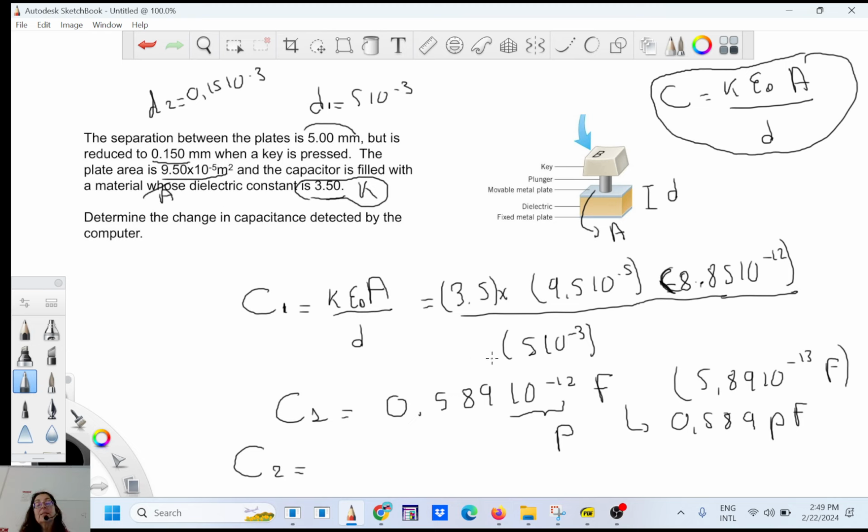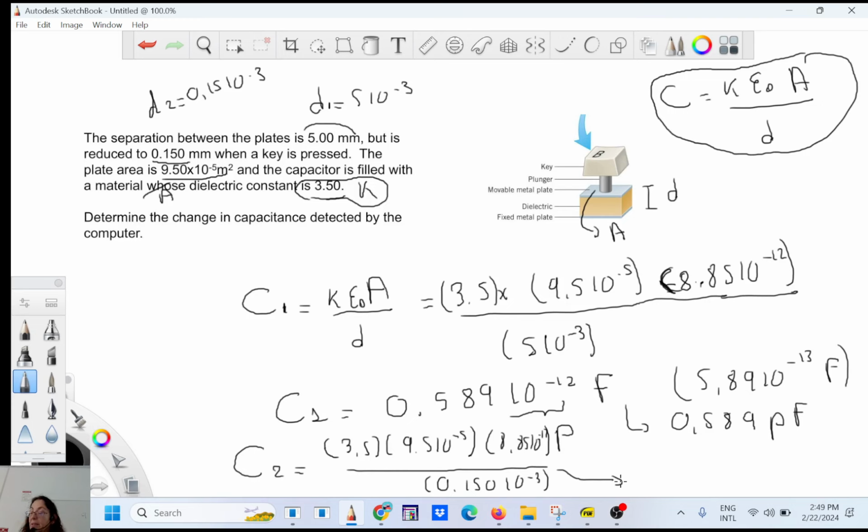By changing the distance, you're going to change the capacitance, right? So let's find a new one. That's going to be 3.5. And then the area does not change. And then you have the constant here. And then the distance between them is now 0.150 times 10 to the negative 3.